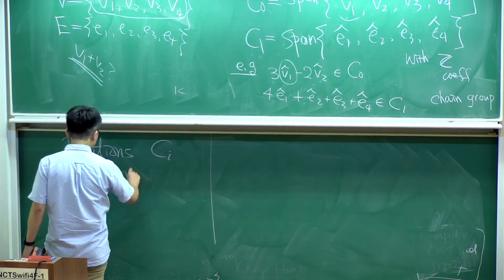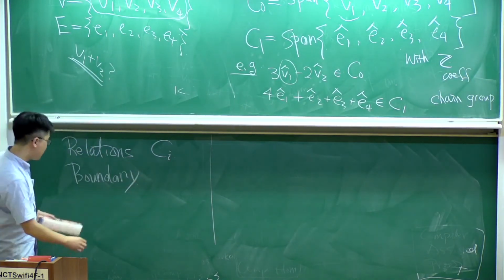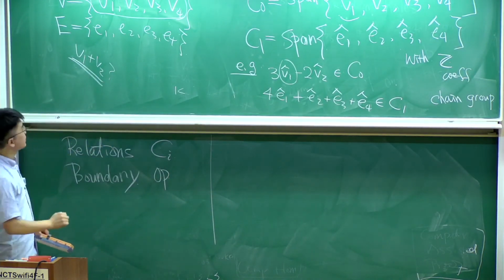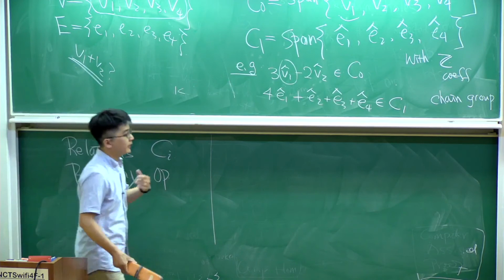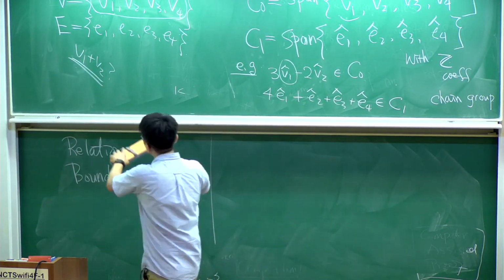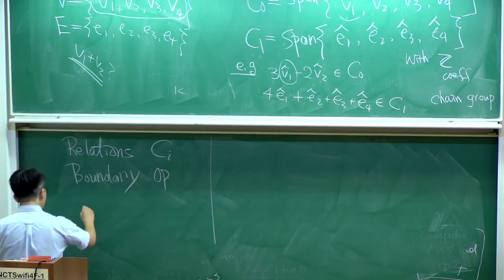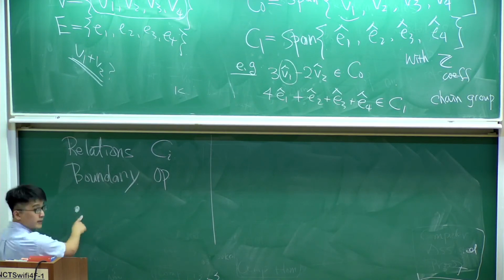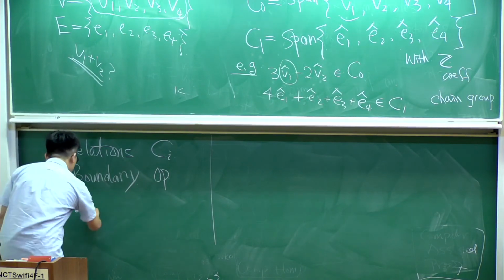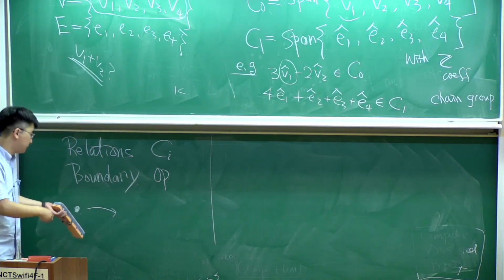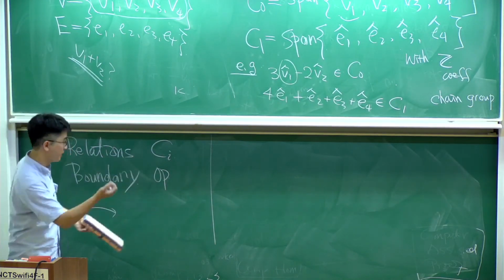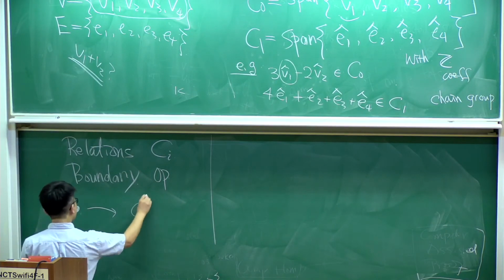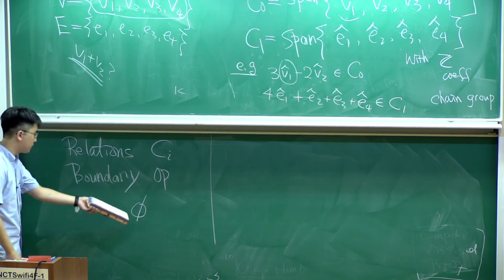Right? So I'm going to give you one more thing, the boundary operator. What is a boundary operator? Very intuitive, right? In the topology world, if I have a point, a vertex, what is the boundary of a vertex? Well, nothing, right? Because for a point, you cannot talk about the boundary. So the boundary of a vertex will be empty.